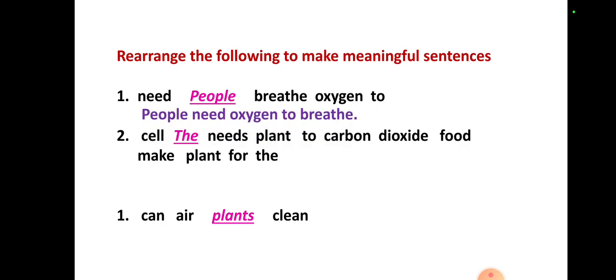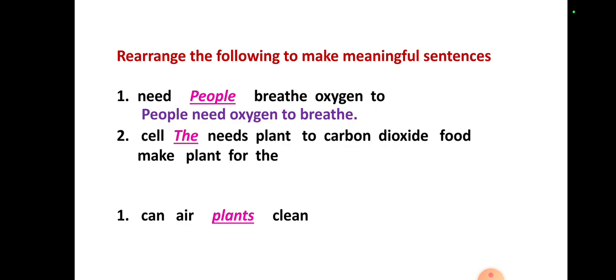Of course, people need oxygen to breathe. Number 2, cell that needs plant to carbon dioxide, food, make plant for the. Can you think?